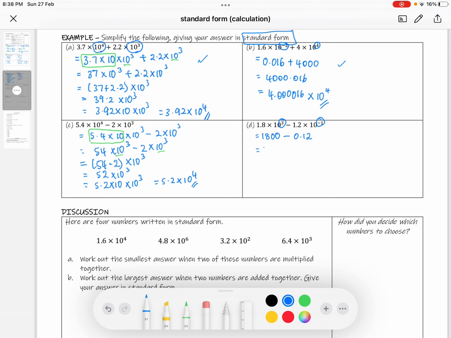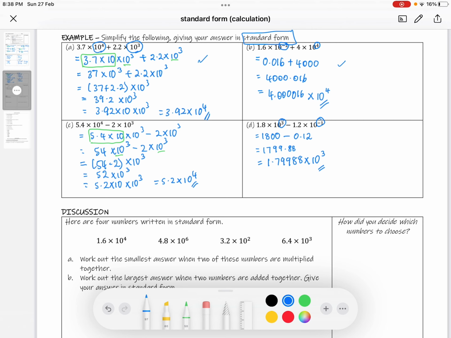Subtract that, that would be 1799.88. Again, in standard form, that would be 1.79988 times 10 to the power of 3.